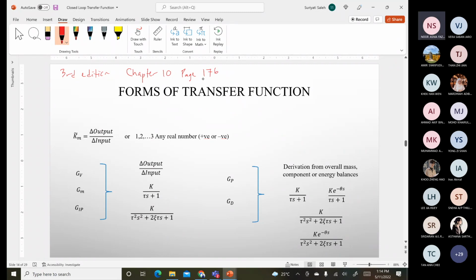Starting from page 176 to 180 something. So this is if you want to refer to the textbook.